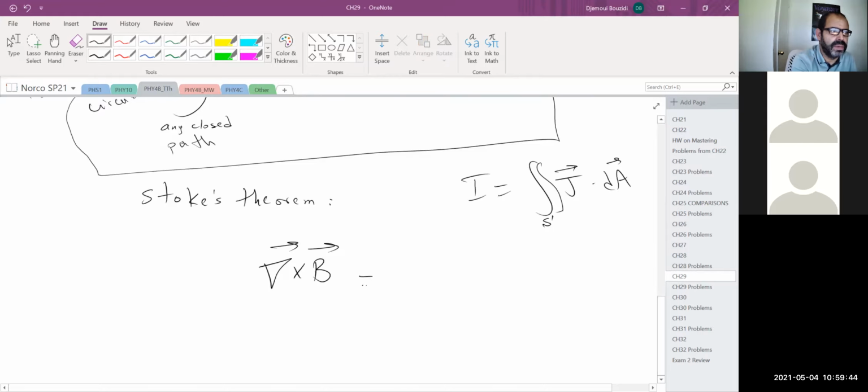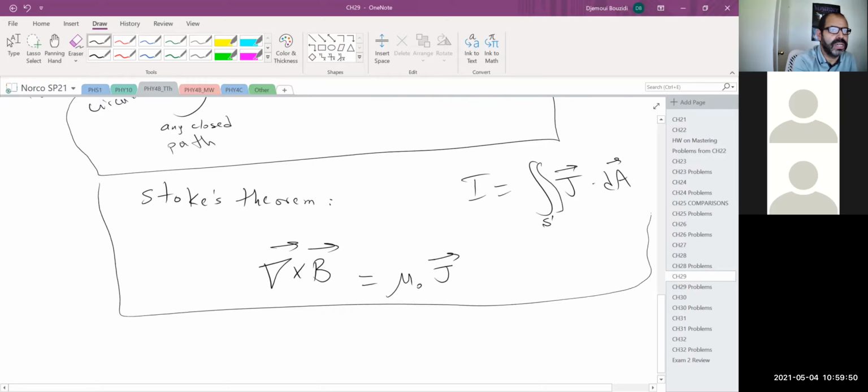So this is a vector, and it must be equal to mu naught times J. This is equivalent to the previous expression, but in a differential form, that's all. This is equation 3, but don't let this equation fool you. Actually, it's 3 equations by itself, because this is a vector relationship, and a vector relationship has 3 components, regardless of what coordinate system you're using. So there are actually 3 equations there.